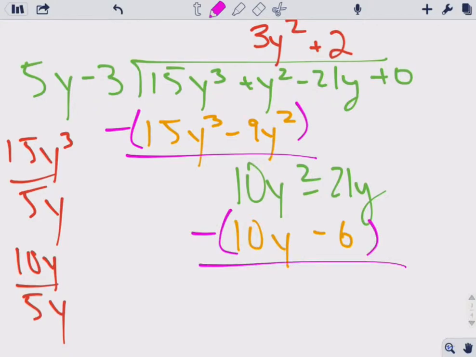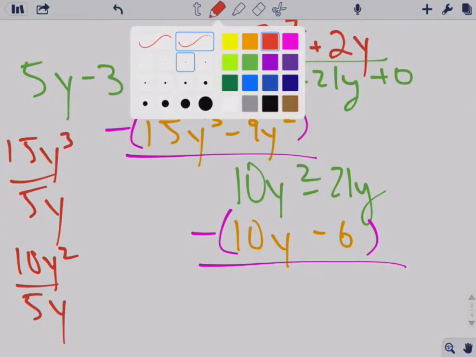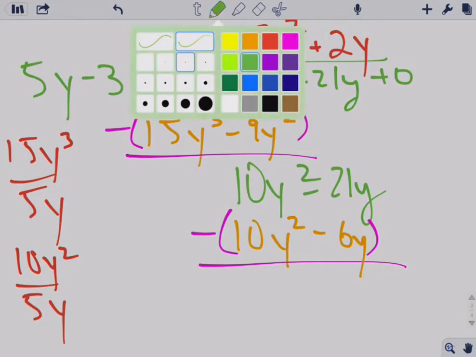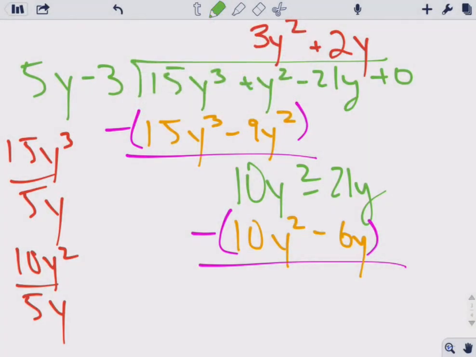Now let's figure out what happens here. The first terms cancel. Negative 21y minus negative 6y is negative 15y.